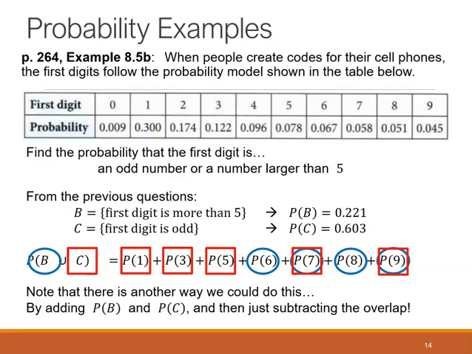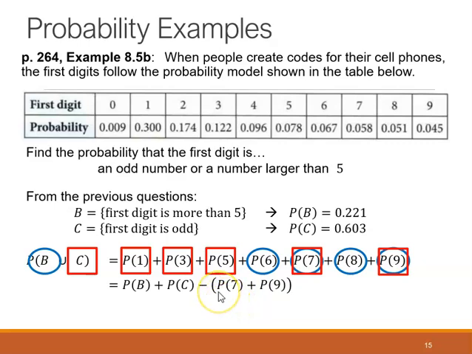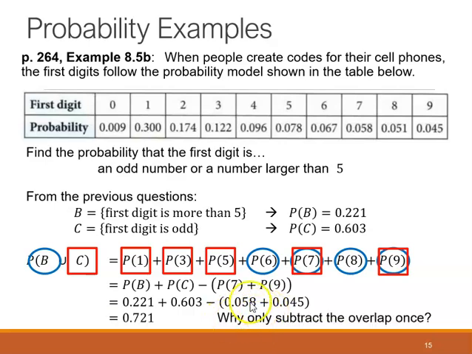I would need to subtract the probability of 7 and the probability of 9, so that instead of counting them twice, they're counted once. Everybody's okay there? And you'll get the same thing.